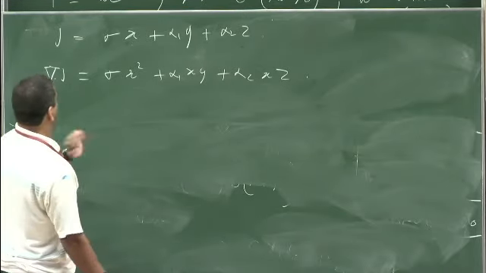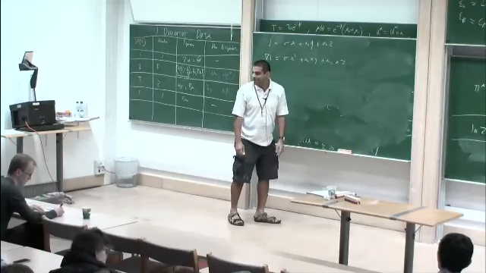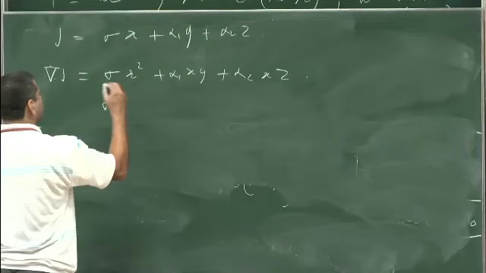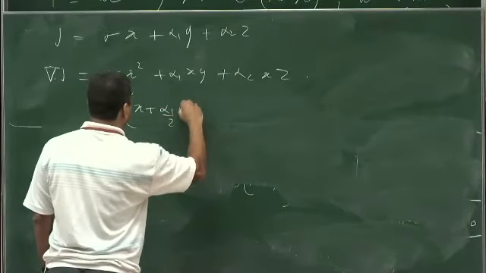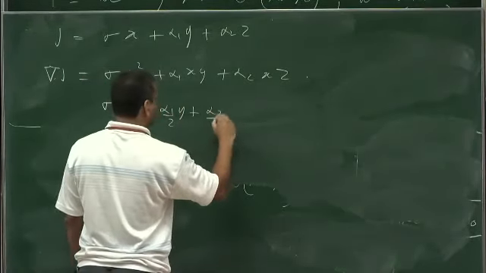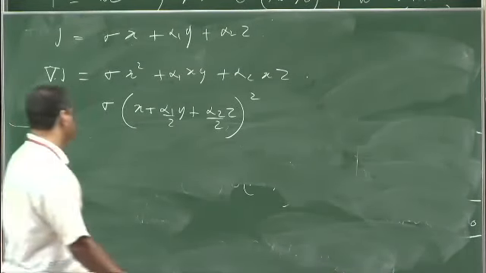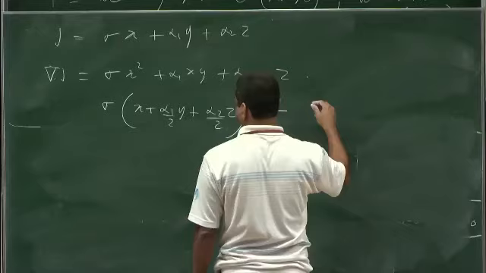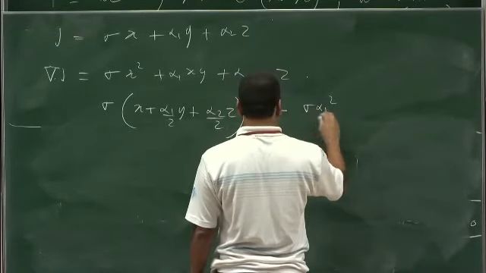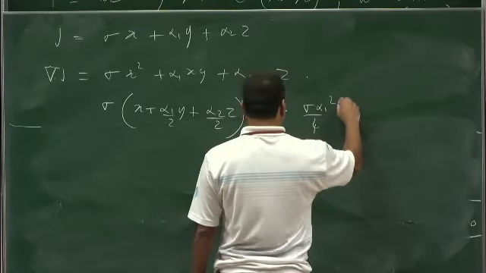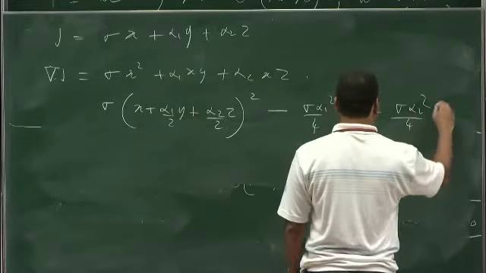Now, this quadratic form can only be positive if α1 and α2 are 0. Why is that? In order to say that, let me write this as σ times (x plus α1/2 y plus α2/2 z) the whole thing squared, minus σα1² by 4 y² minus σα2² by 4 z².